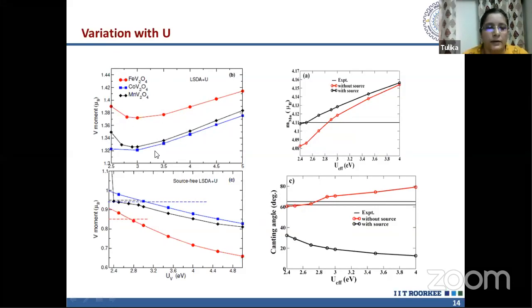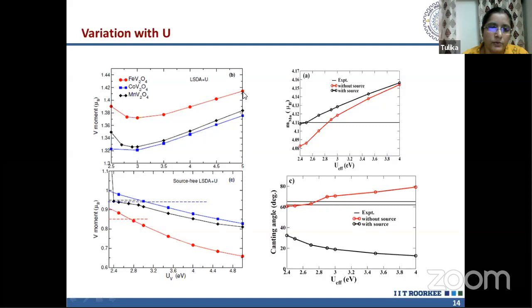When we calculated the vanadium magnetic moment with respect to U and compared that with the traditional DFT exchange correlation potential like LSD plus U, we see that the vanadium moment increases with application of U, which is expected because the Hubbard U actually localizes the moment.